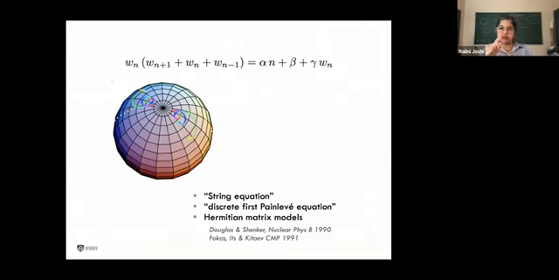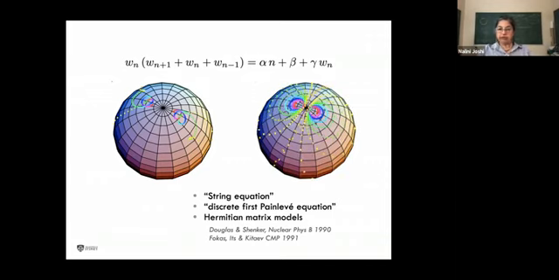And I should mention the alpha, beta, gamma here are not the same as the alpha, betas in the equation for Painlevé 4. And as you iterate, you go from the yellow to the green to the turquoise to the blue and the magenta. So it moves towards the North Pole as you iterate.